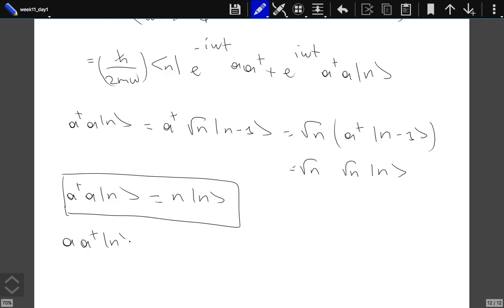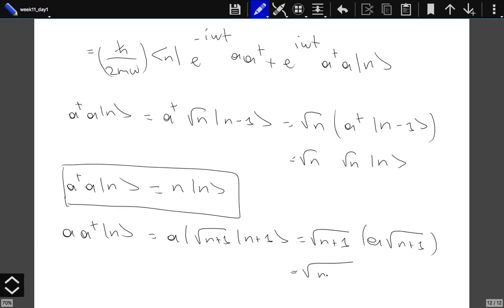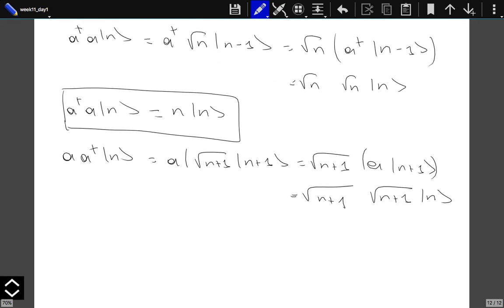And a dagger acting on n will be a multiplied with square root of n plus 1 times the ket n plus 1. This is square root of n plus 1 times a acting on the ket n plus 1, which is square root of n plus 1 times the ket n. So a a dagger acting on the ket n is just n plus 1 times n.